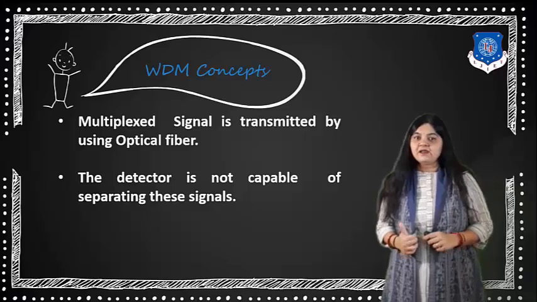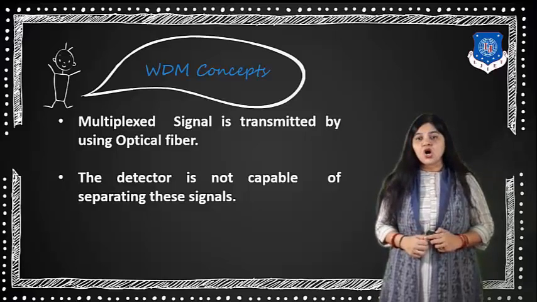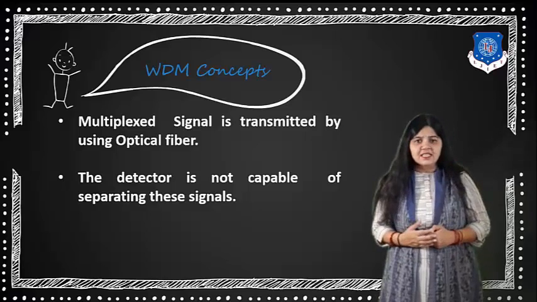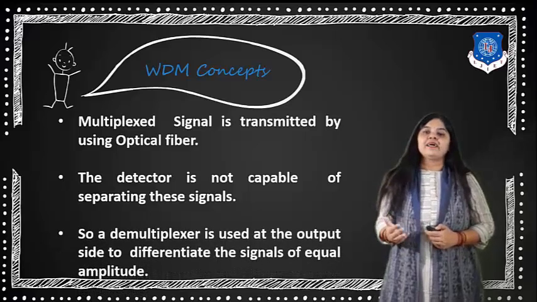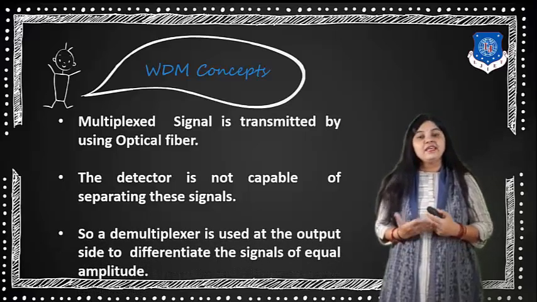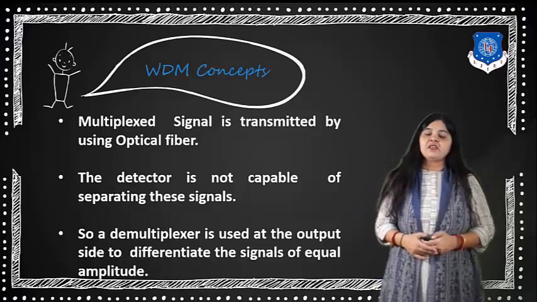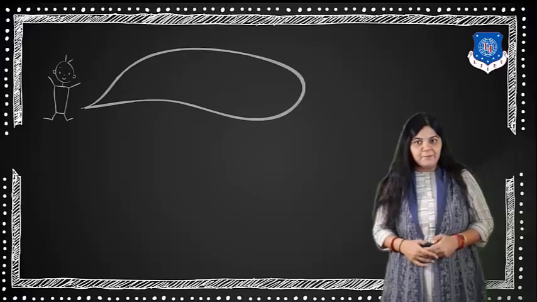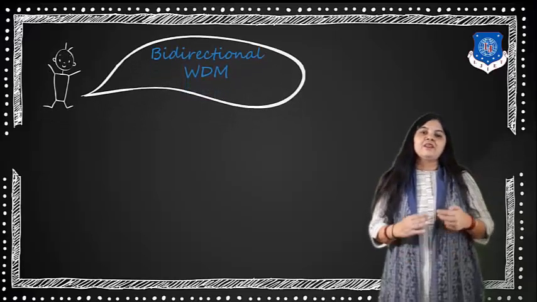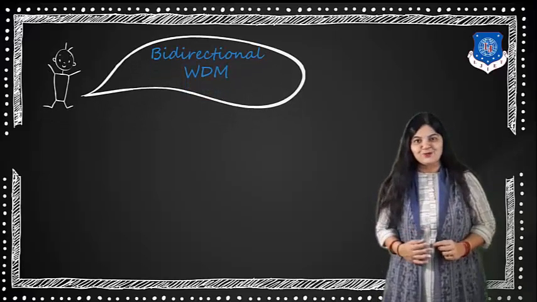The detector is not capable of separating this light, and that is why the demultiplexer is used, to differentiate the signals of equal amplitude. So this way the WDM is used.